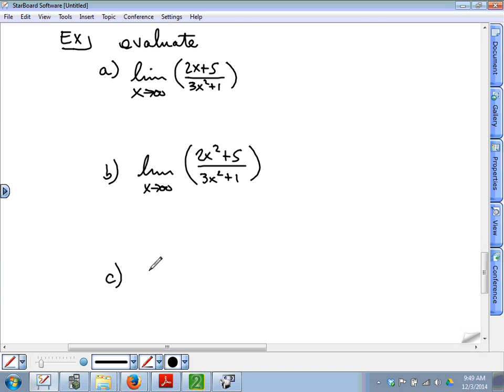And then for part C, limit as x approaches infinity of 2x to the third plus 5 over 3x squared plus 1. These really are quick.